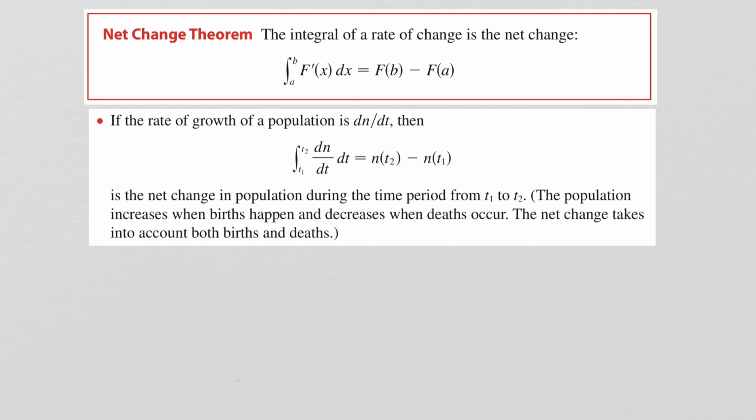And once again, this can be a positive number or it can be a negative number. And not to sound too morbid here, but if this number is negative, it means that more people died than were being born over that time period. And if this number is positive, it means that more people were born as opposed to dying. And so this is a useful tool when studying populations.